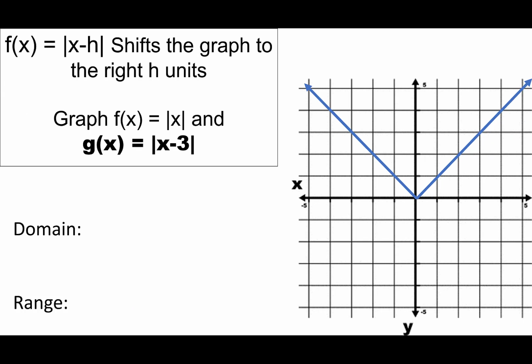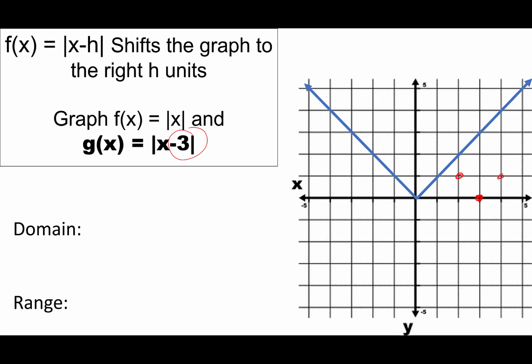All right, so let's look at our final type of translation, which is shifting right. Just like all the others, we're taking the points and we're shifting them in the direction it tells me. So in this one, I'm shifting 3 units. So I'm going to go 1, 2, 3.